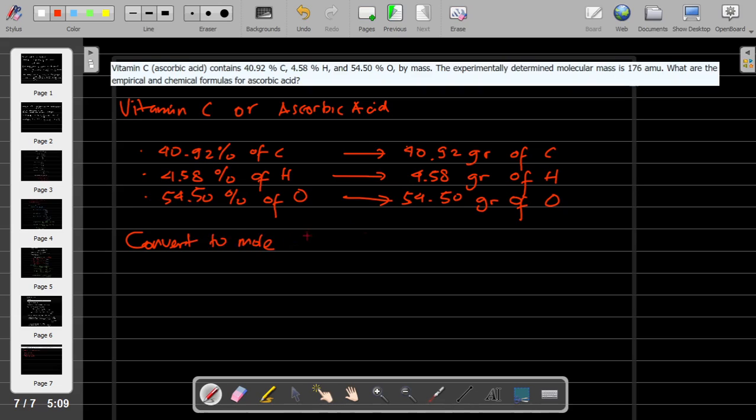And now we are going to convert to mole, and the formula of mole is mole equals mass divided by the molar mass.